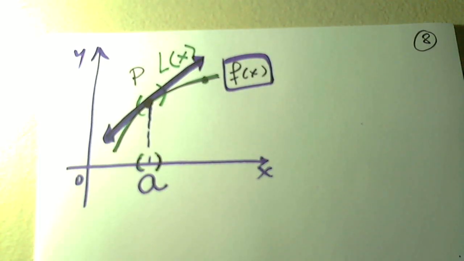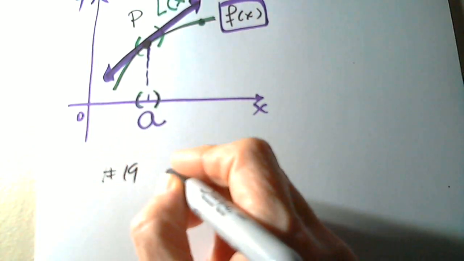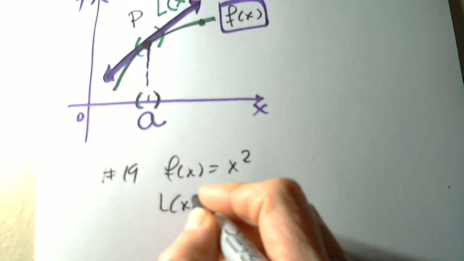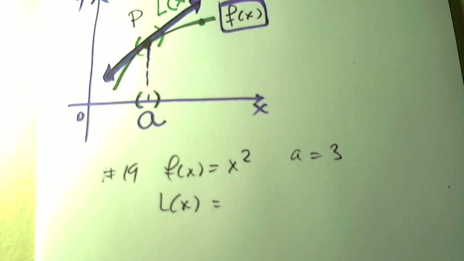So I'm just going to give a very simple example and I'll stop. Find the linearization L of x of the function x squared at x where a equals 3. So this is 19, f of x equals x squared, and they want us to find that a equals 3.